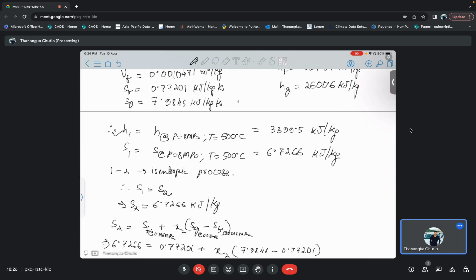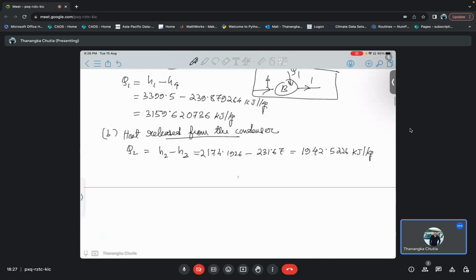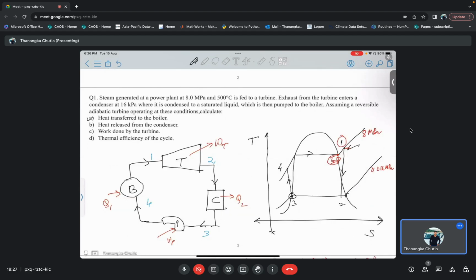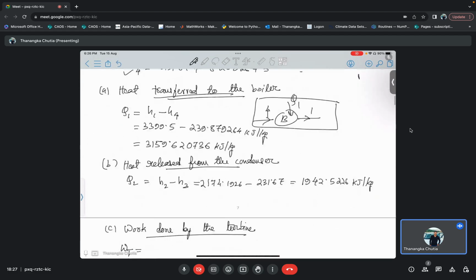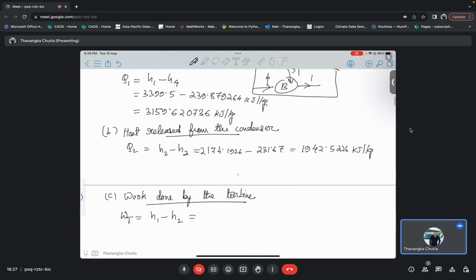Next is what? Work done by the turbine, that is WT. So what will be my WT? My WT will be nothing but H1 minus H2. So what is my H1? 3399.5.